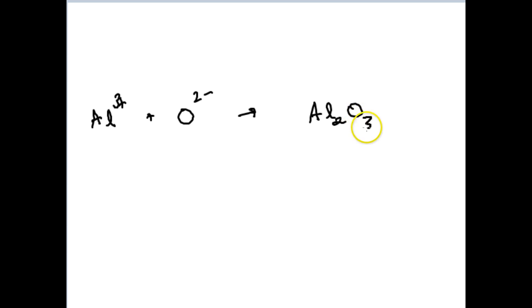So here we go. Now in this problem, you're looking for the energy that it takes to bring this ion together with this ion to make this compound in a crystal form.